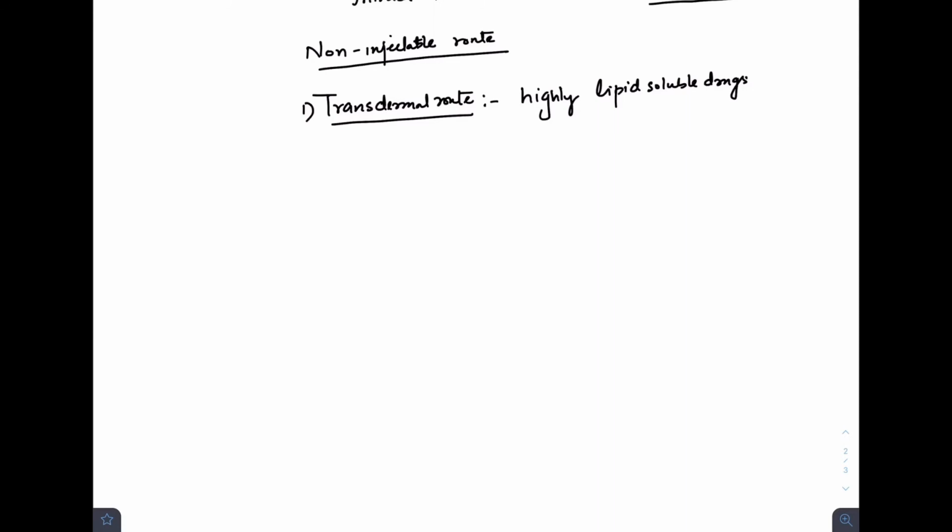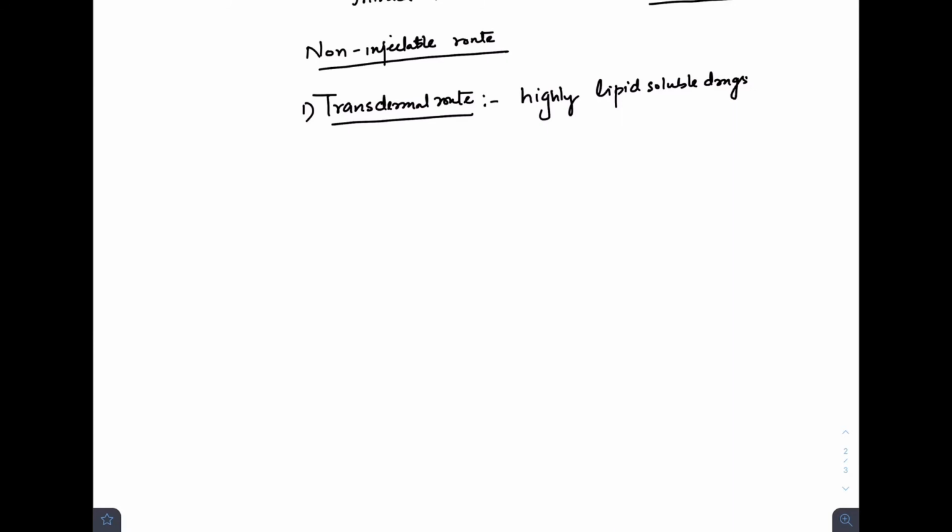The principle behind these patches is that these drugs are highly lipid soluble and can be absorbed through the intact skin. Once you place them on your intact skin, there will be a constant release of these drugs.